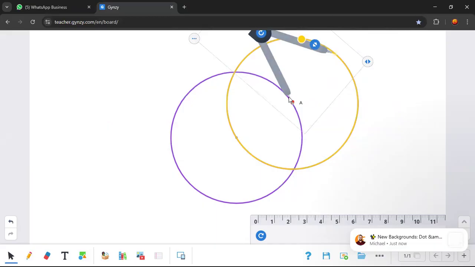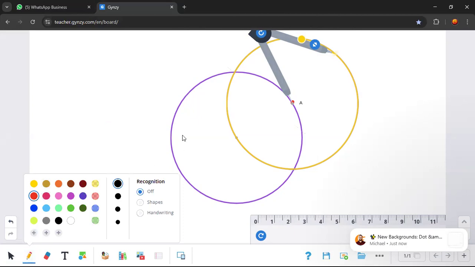Draw a circle of a radius 4 centimeters and center as A. B is a point of intersection of this circle and the earlier circle. So we have to mark point B where the two circles intersect.